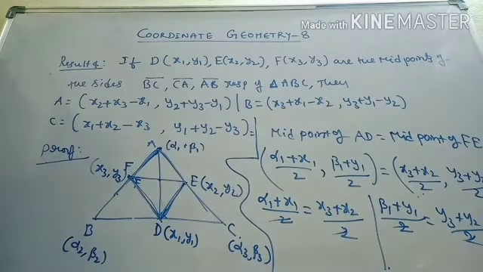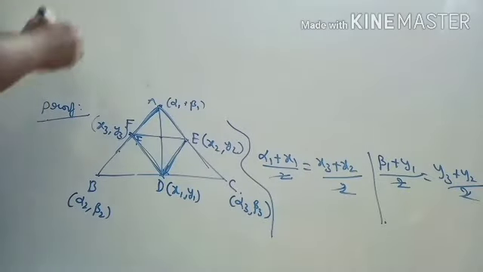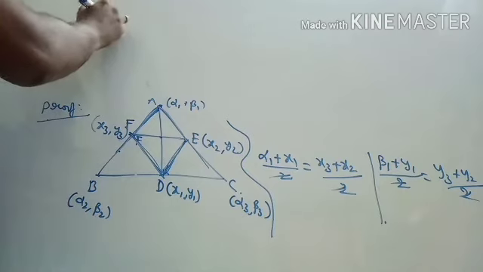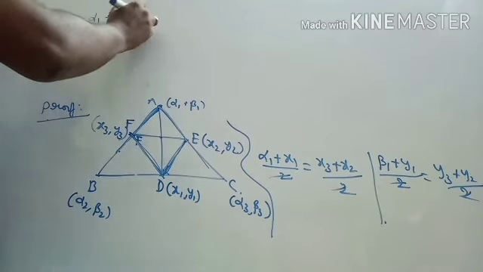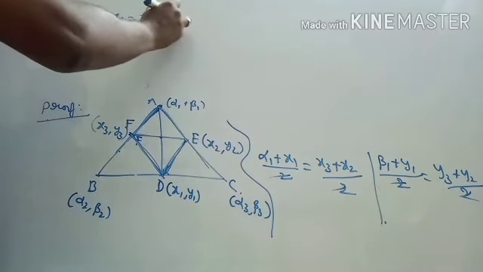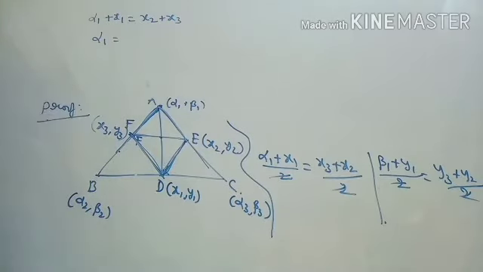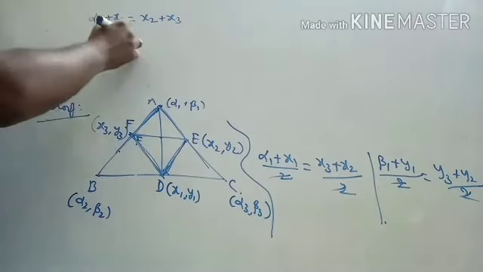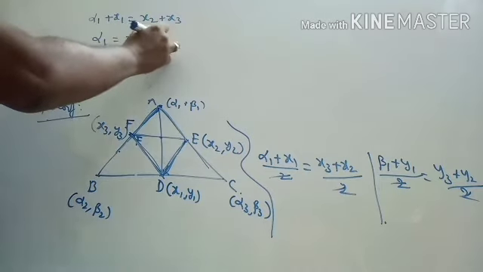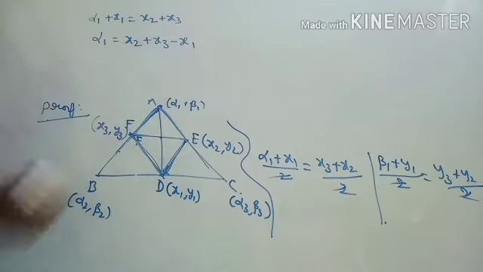Now you see how beautifully we get our result. Alpha 1 + x1 = x2 + x3, so alpha 1, the x coordinate of vertex A, is x2 + x3 - x1. How wonderfully we got this.